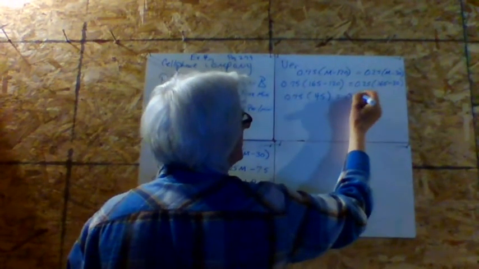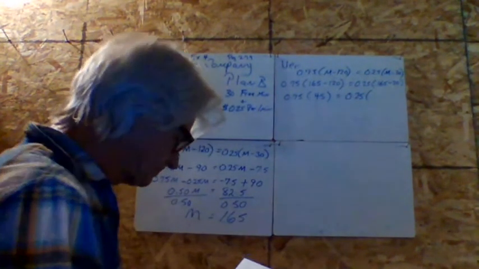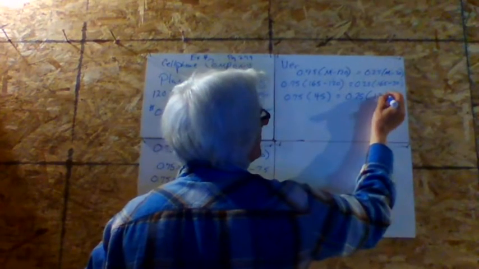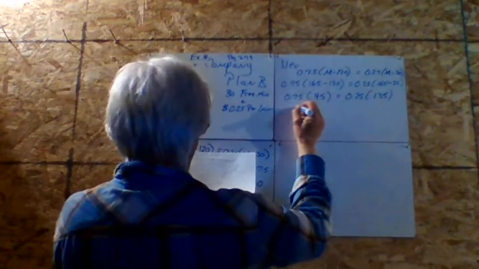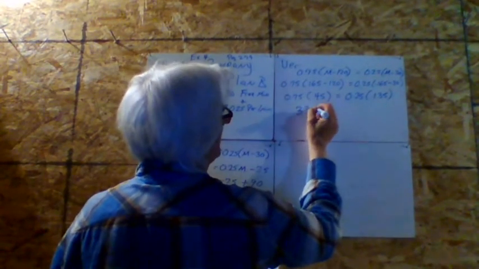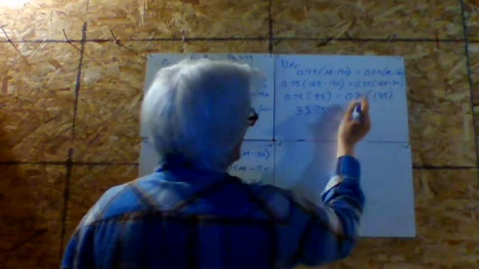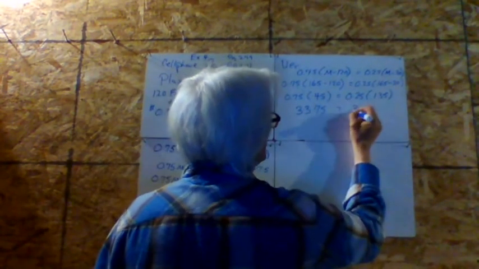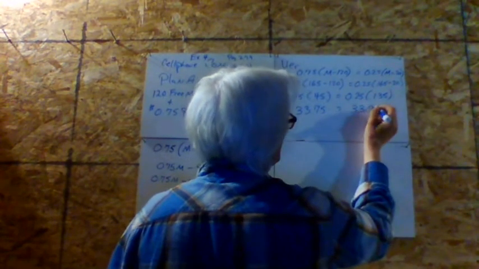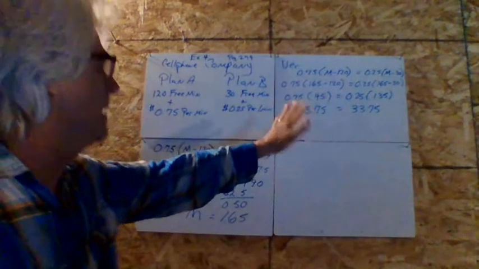And 0.25 times, 165 minus 30 gives me 135. So we'll do 0.75 times 45, and that gave me 33.75. And 0.25 times 135 gives me 33.75.